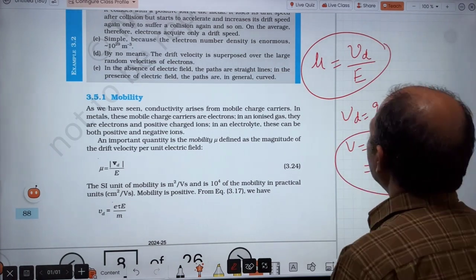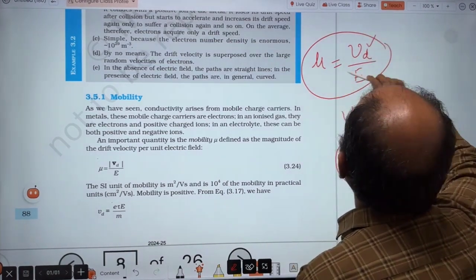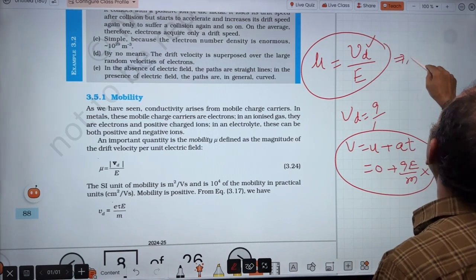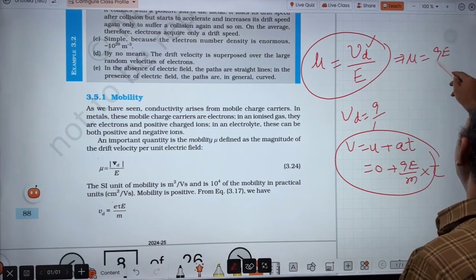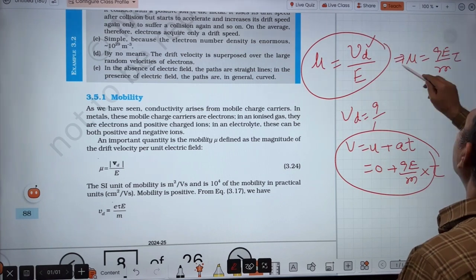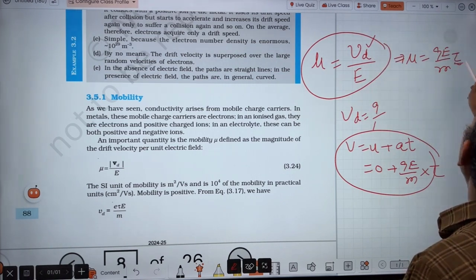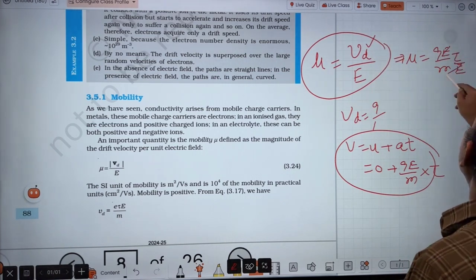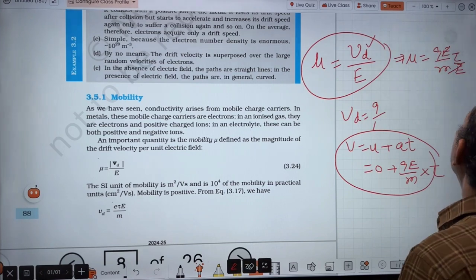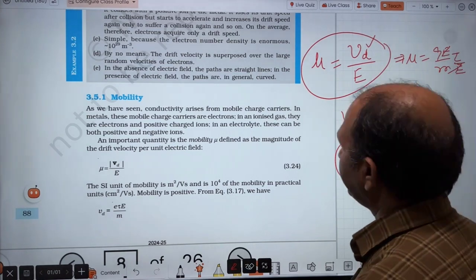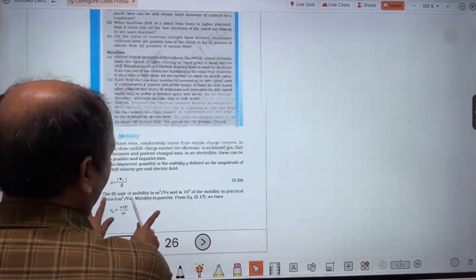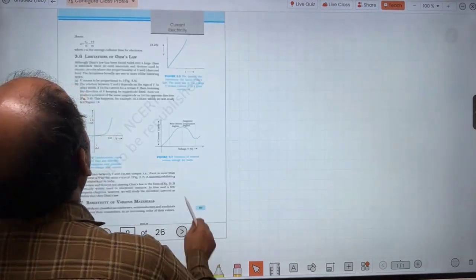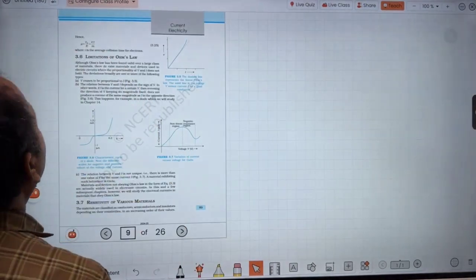So this was the basic concept. Here if we put this value, what do we get? Mu equal to vd upon E, that is qE tau upon m, and dividing by electric field, E will cancel out. So we will get mu equal to q tau upon m. This is given.